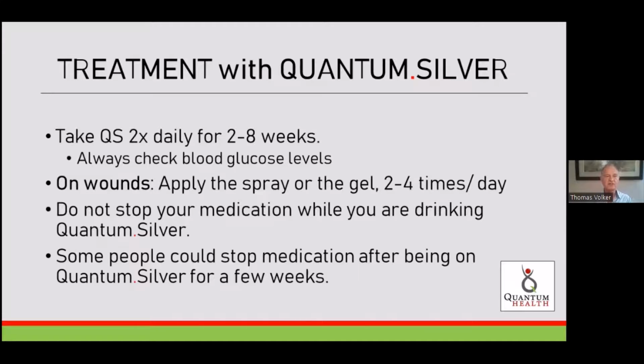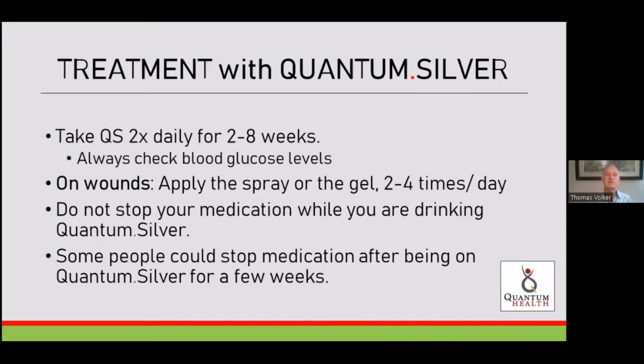If there are wounds involved, especially in the limbs where the blood circulation might be compromised, then we advise to also use either the spray or our Quantum.Silver gel directly on those wounds.